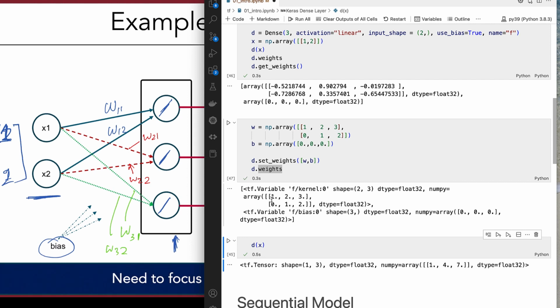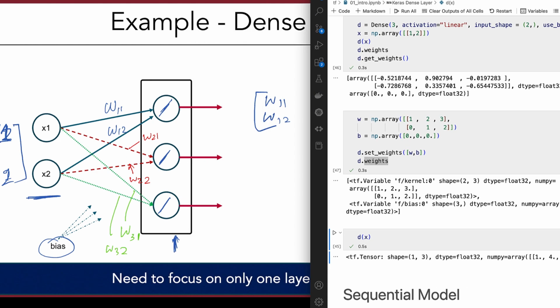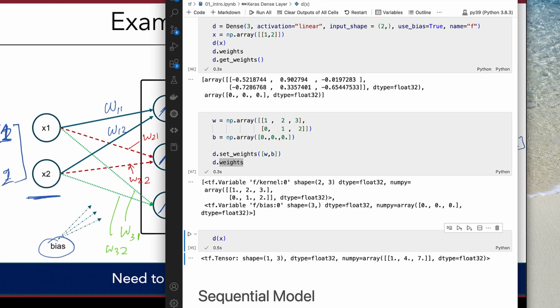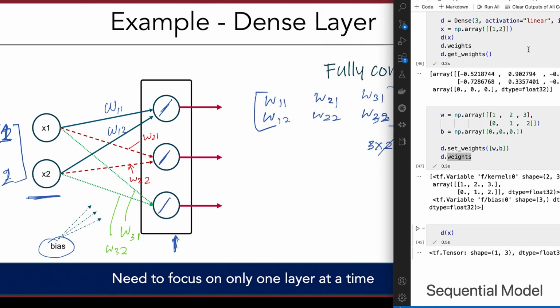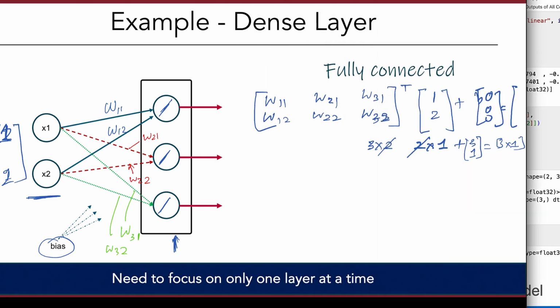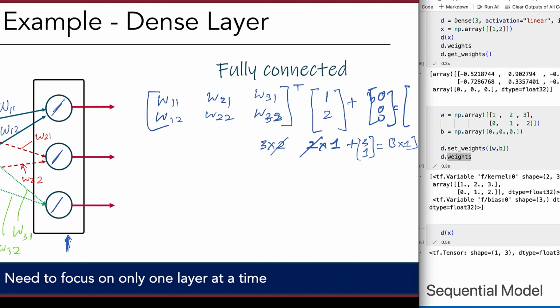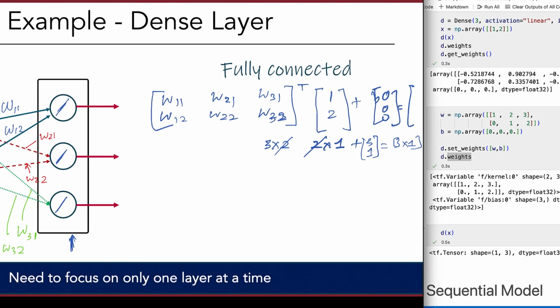So the weights are what we passed in. So for this particular example dense layer, I have the weights set as 1, 2, 3, 0, 1, 2, and B as 0, 0, 0. So let's take a look at what we should expect the output to be with 1, 2 as the input.